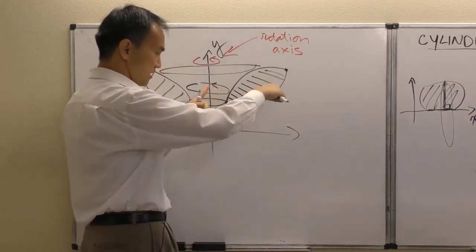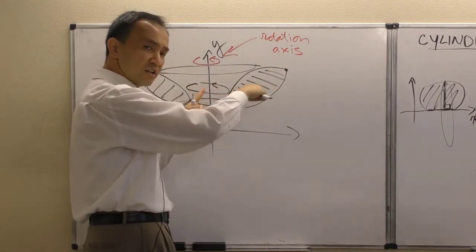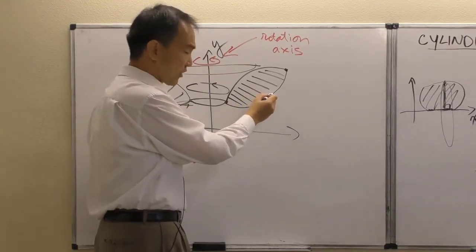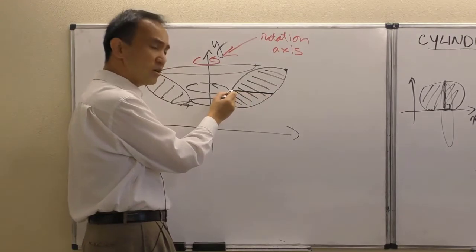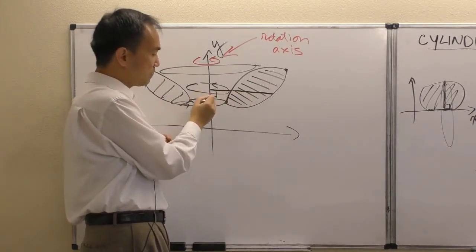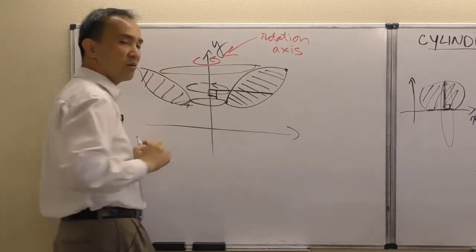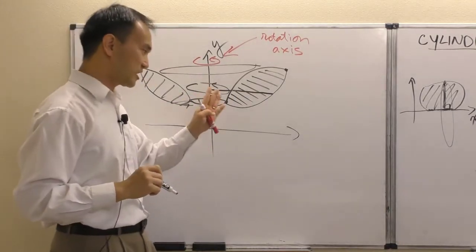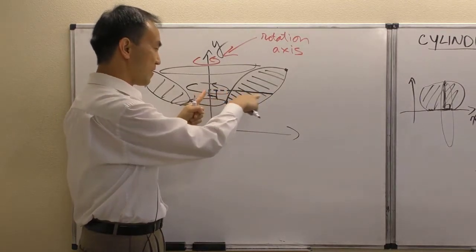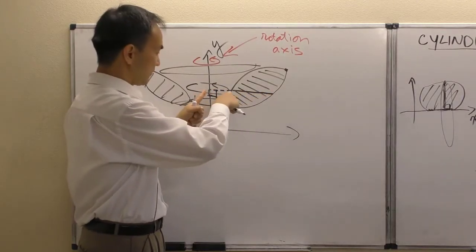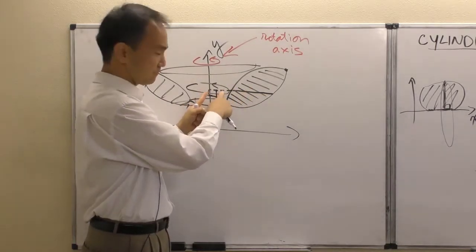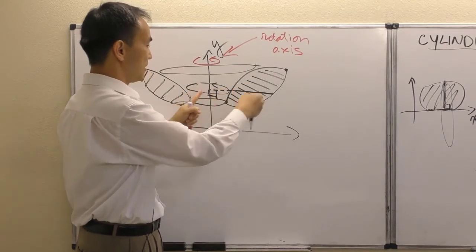Anywhere in this region, we draw a stripe, and the requirement is that the stripe goes through the region and reaches all the way to the rotation axis and is perpendicular, forming a 90-degree angle. If some part of the stripe is outside of the region like that, then we have this stripe here.